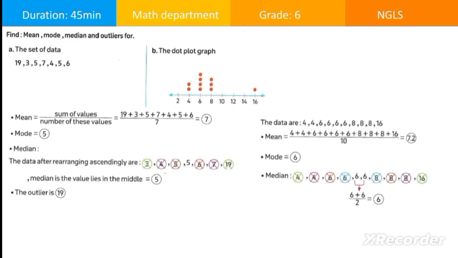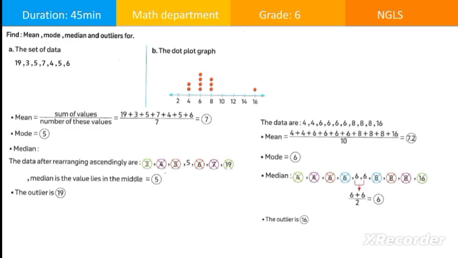How do I solve it? It's very easy. 6 plus 6 equals 12, over 2 equals 6. The outlier is 16 because it is a distance point from the symmetric line.